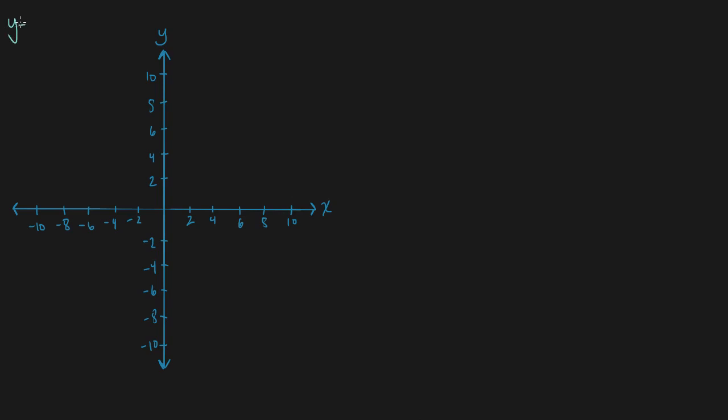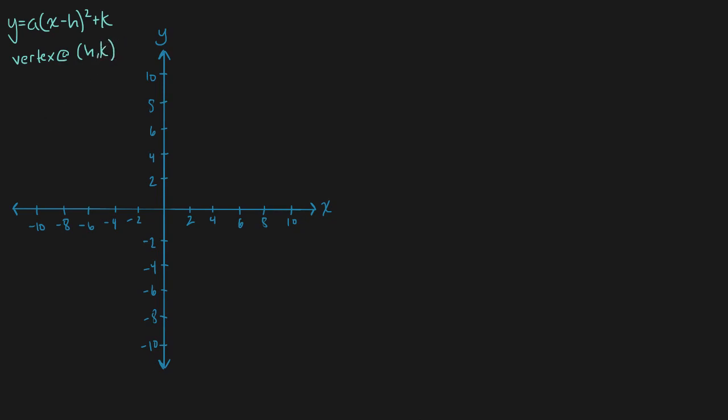So that's y is equal to a times (x subtract h) squared plus k. And so remember, h and k are going to define the point of our vertex. So vertex at (h, k).